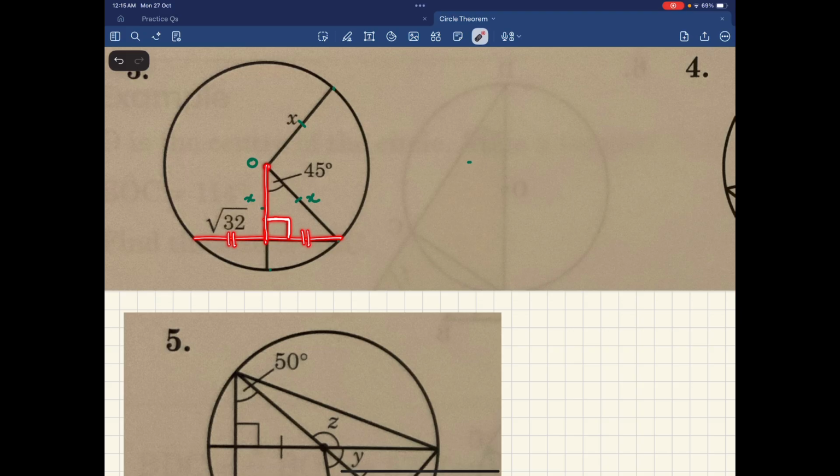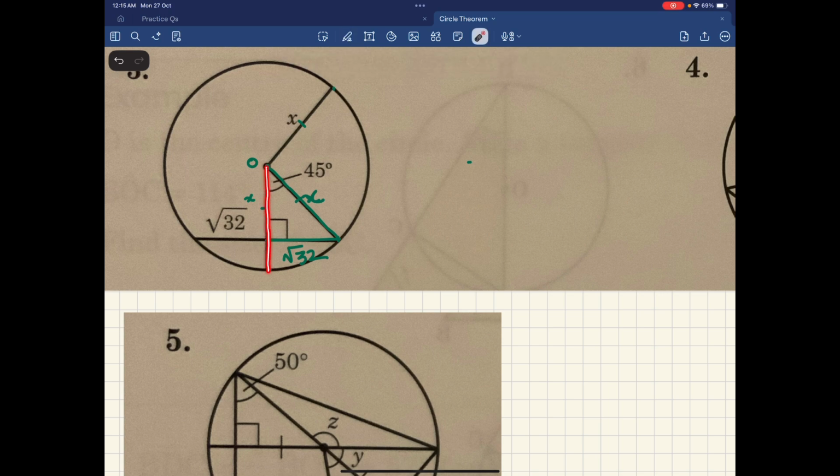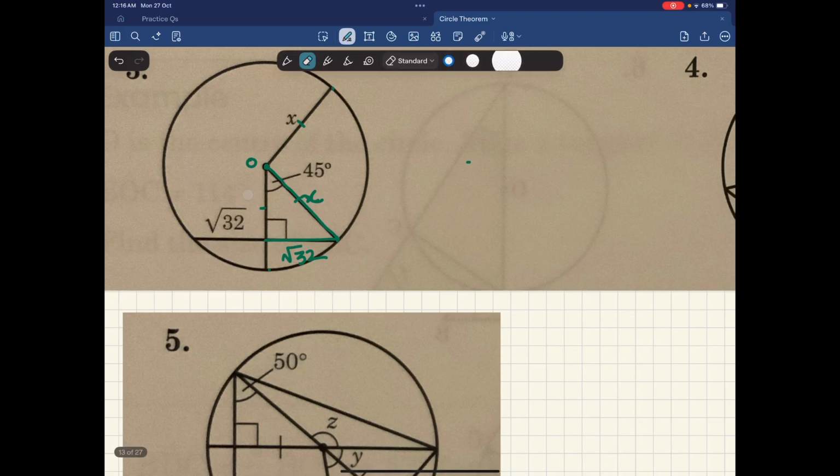So if this is root 32, this will also be root 32. Let's mark this line as root 32. This line is X, and we need to find the value of X, right? Okay, and since this entire line is X, I'm going to erase this X to avoid any confusion.